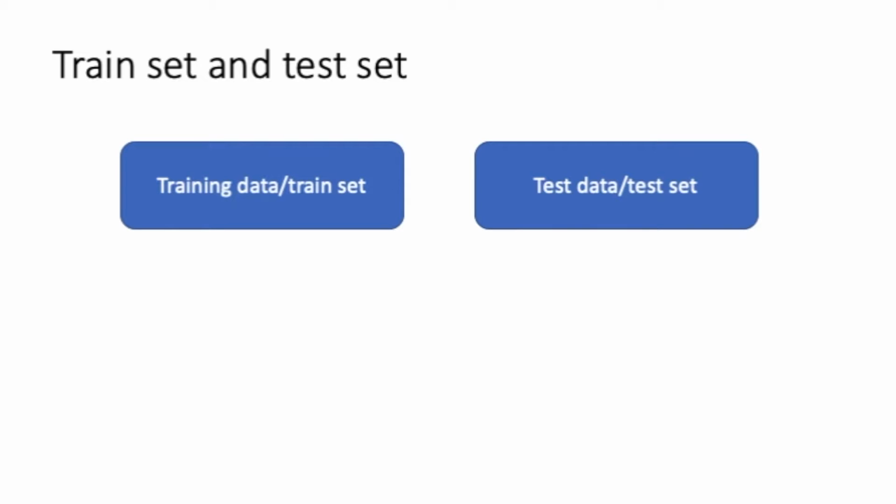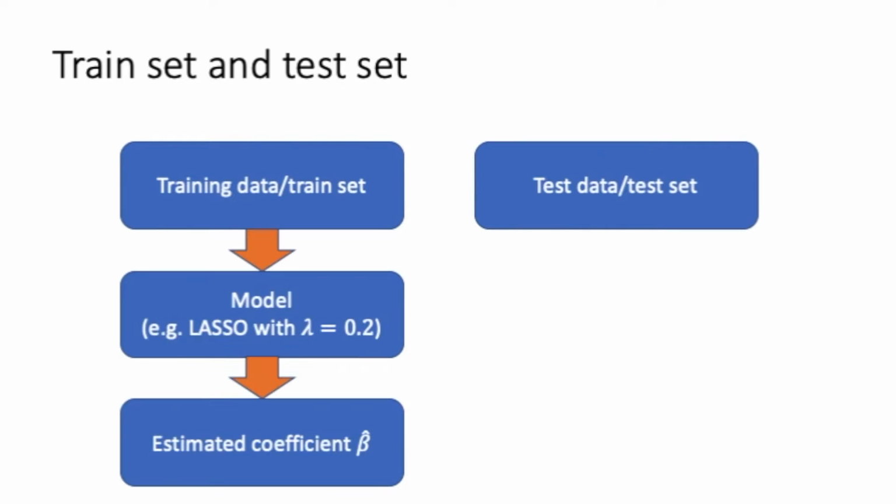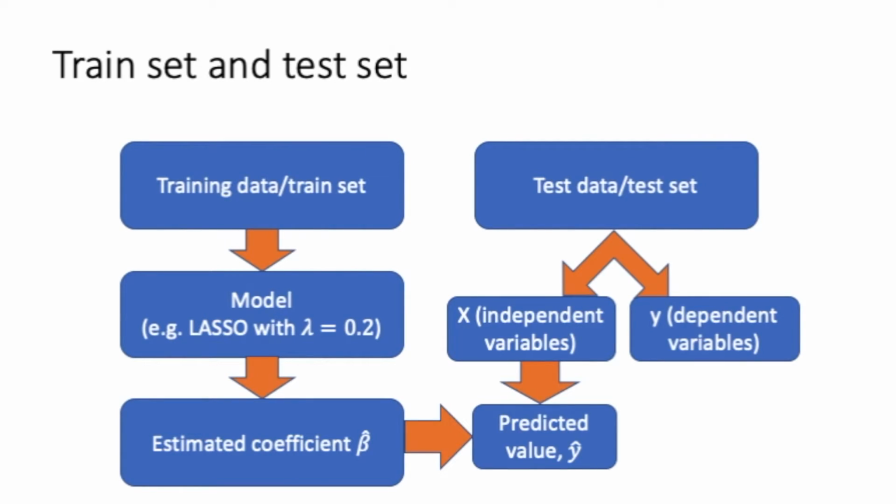If you are somewhat familiar with machine learning, you should have heard the term training data and test data, or train set and test set. We feed training data in a model and get an estimate for the coefficients, and then use the estimated coefficients and the independent variables, or the x variables, in the test data to predict for all the observations in the test data.